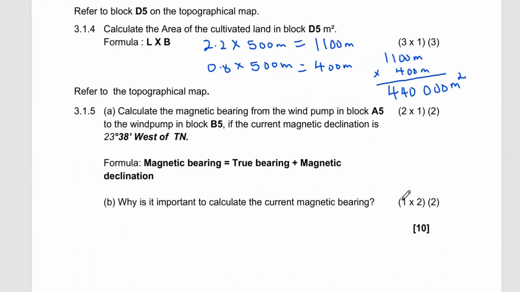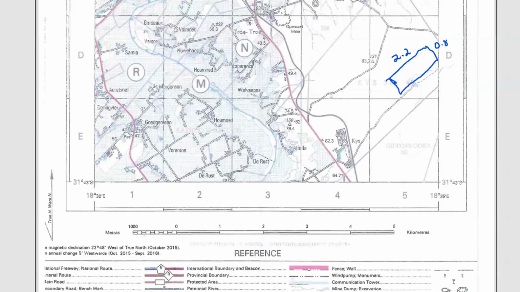Calculate the magnetic bearing from the wind pump in block A5 to the wind pump in block B5, if the current magnetic declination is 23°38' west of true north. We go to our map and try to identify the two features.